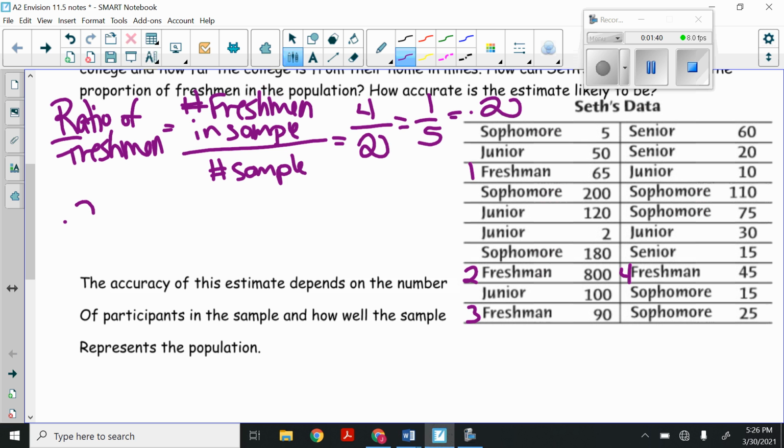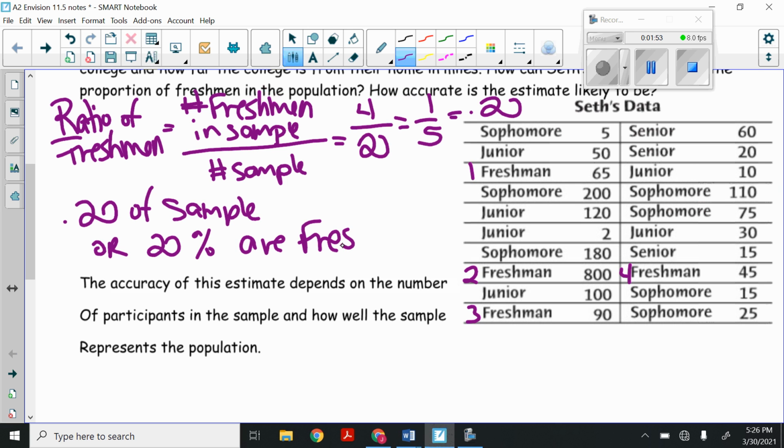So that means 0.20 of the sample, or 20% of the sample, are freshmen. The accuracy of this estimate is going to depend on the number of participants in the sample and how well the sample represents the population.